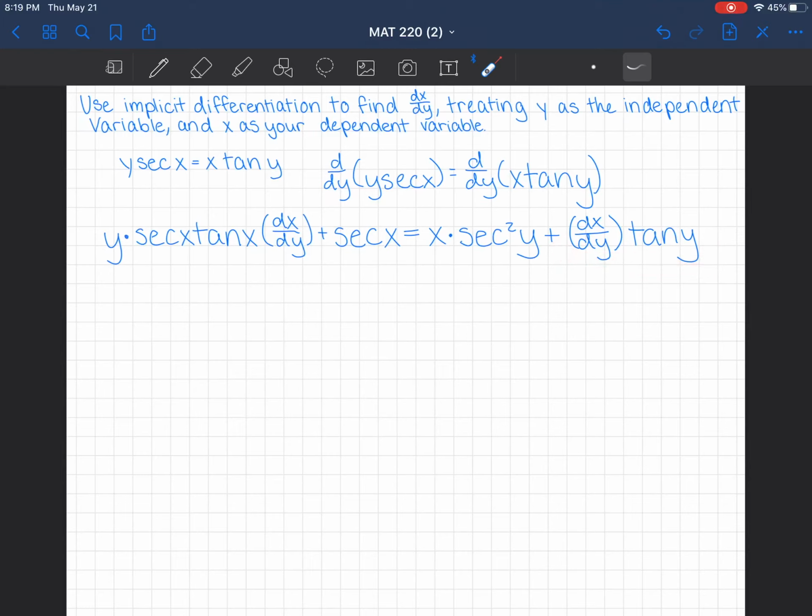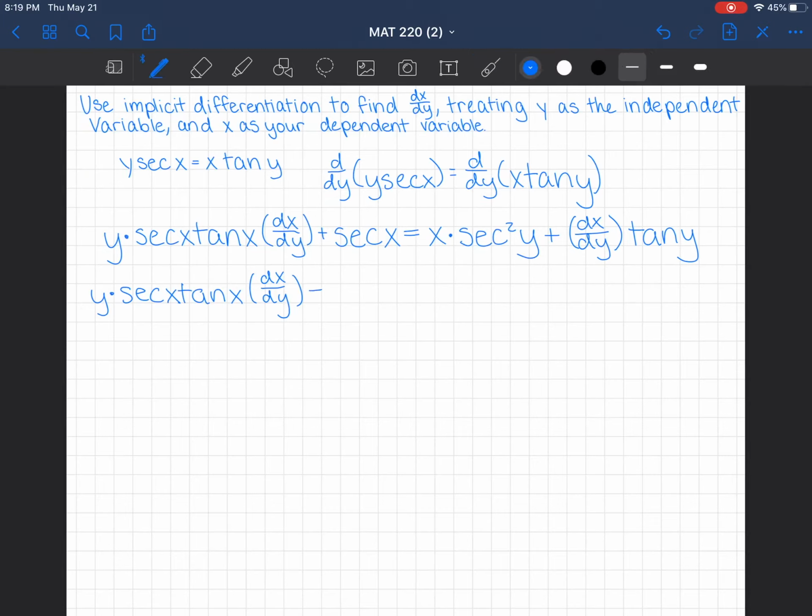I'm going to put my dx/dy over here on the left. So then here I'm going to take this other dx/dy term, I'm going to put it over here. And when I'm doing that, I am going to be subtracting this term from either side.